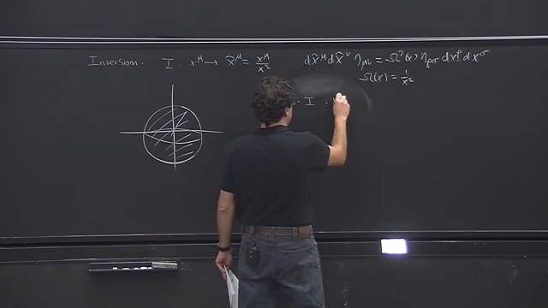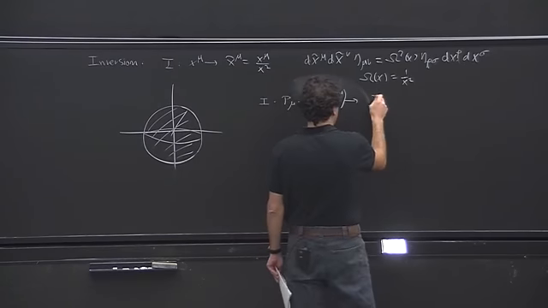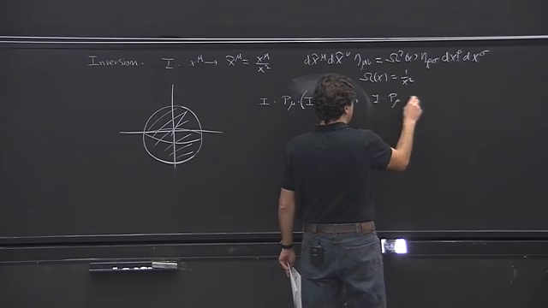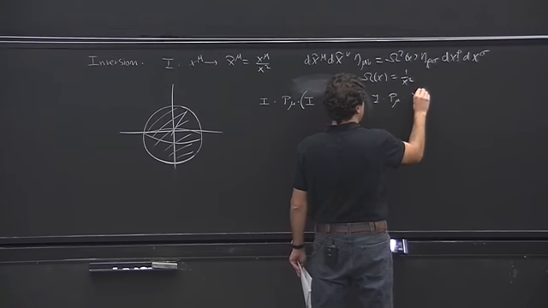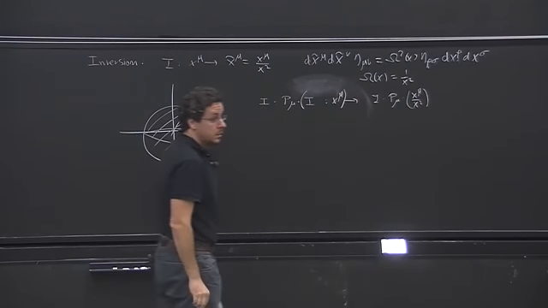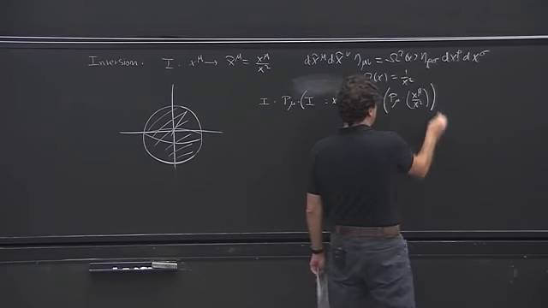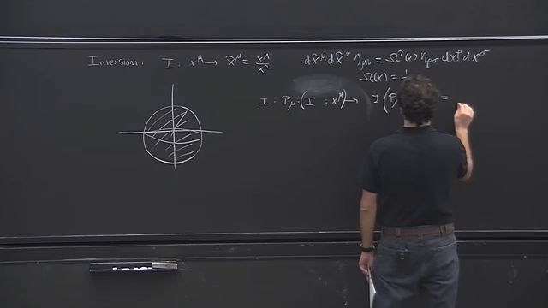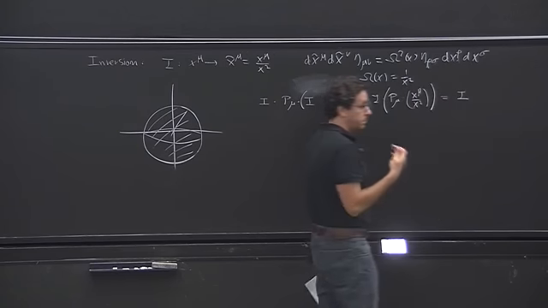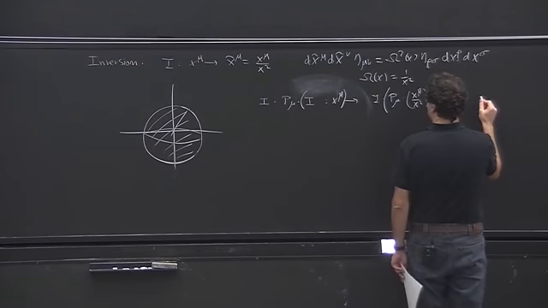So let's act on x mu. Let's first do this transformation. So I have I, P mu acting on x mu over x squared, right? Now let's act P mu on x mu over x squared with some parameter a. Then what do you get?